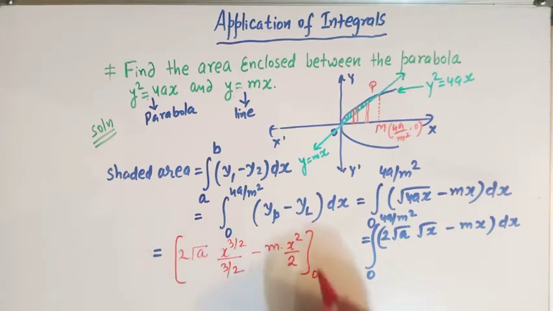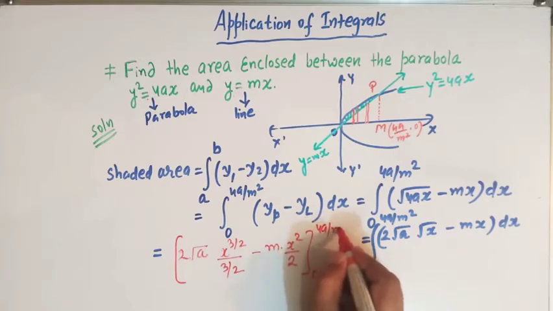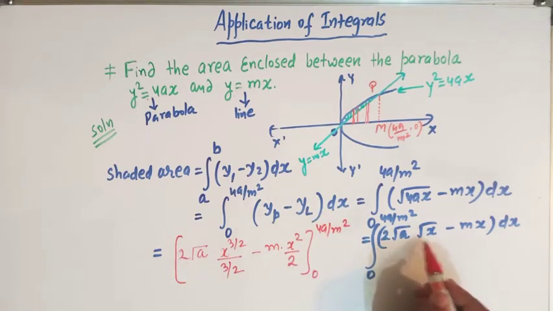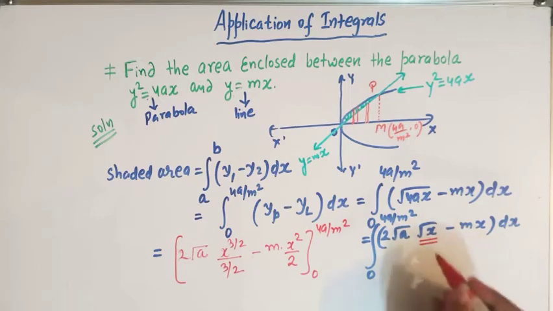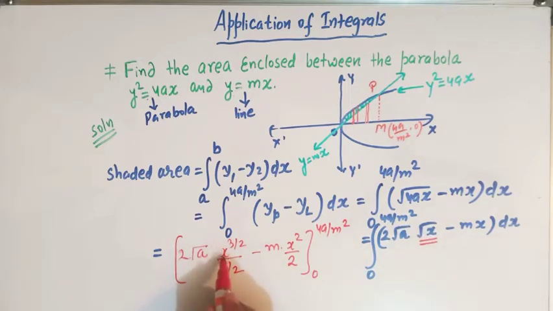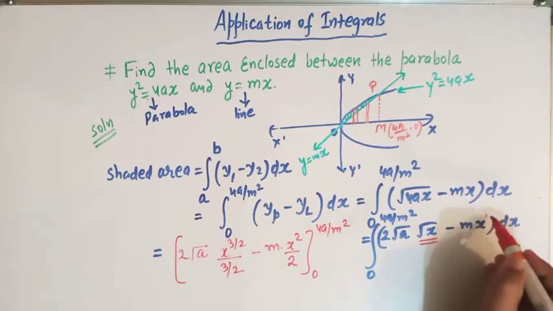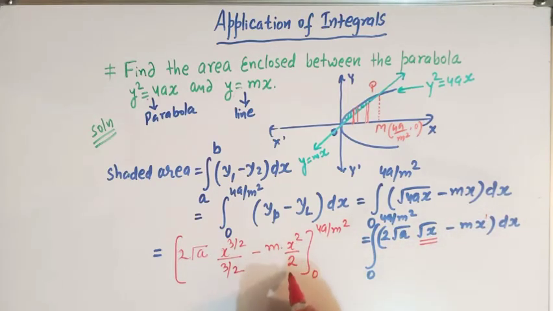And this is from 0 to 4a by m square, because the integral of square root of x is x raised to 3 by 2 divided by 3 by 2, and the integral of x raised to 1 is x square by 2.